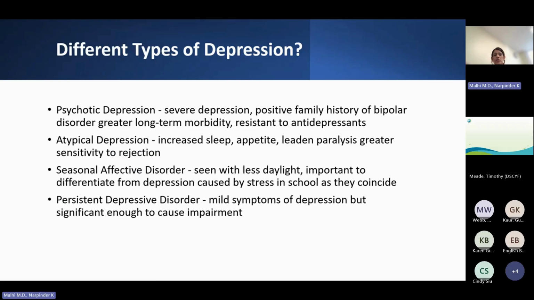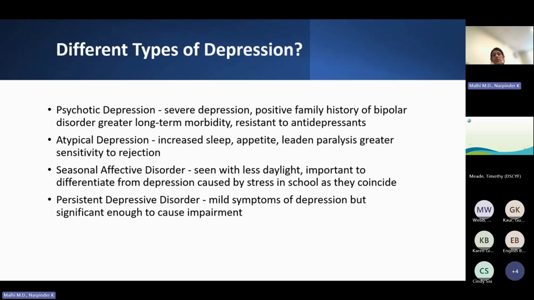And these are some different types of depression. Psychotic depression is when depression is so severe that the child may experience hallucinations, auditory, visual, or paranoia. In those cases, I always pay attention to whether there is a positive family history of bipolar disorder, how long the depressive episode has been present, and whether there have been any treatments the patient has tried in the past.